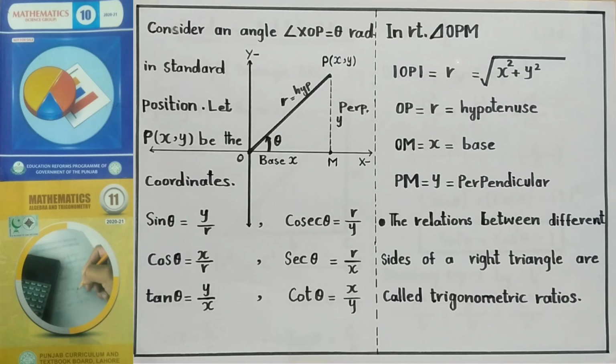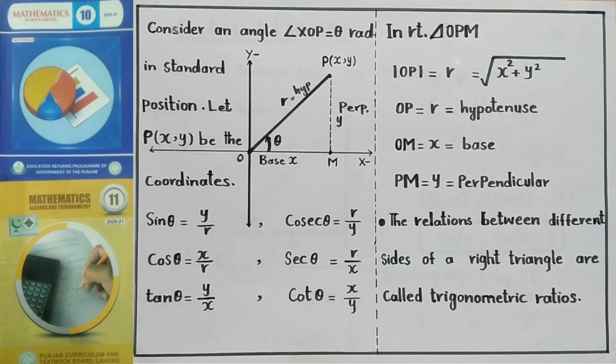Now we give the definition of trigonometric ratios or trigonometric functions. The relations between different sides and angles of a right angle triangle are called trigonometric ratios. That is, the relation between the three sides of the right angle triangle and the angle theta given in standard form is called trigonometry and the relations are called trigonometric ratios.